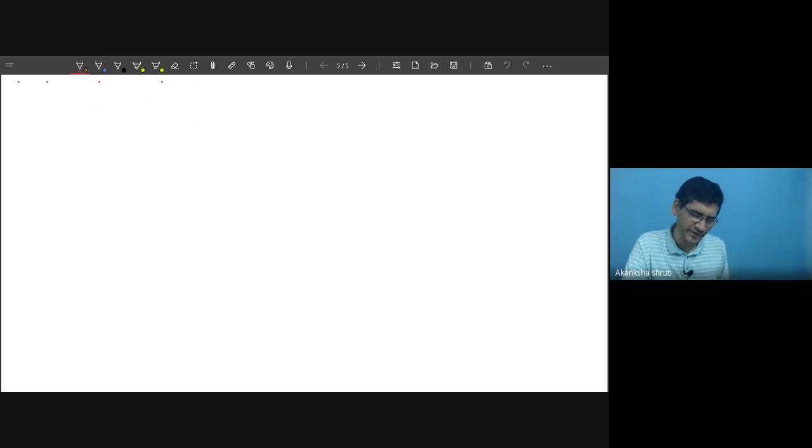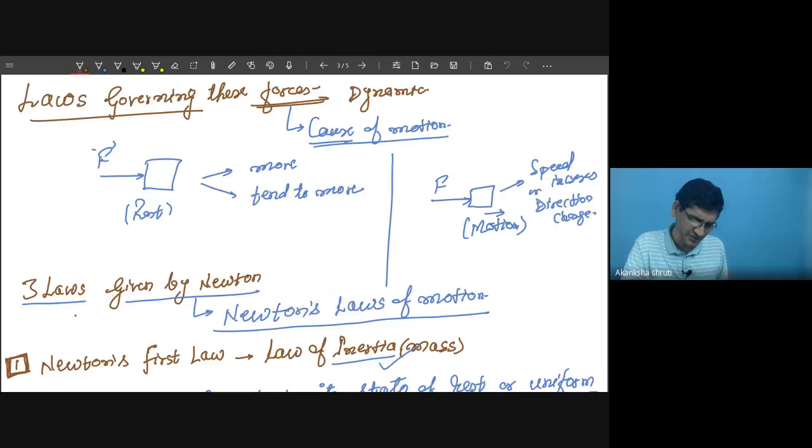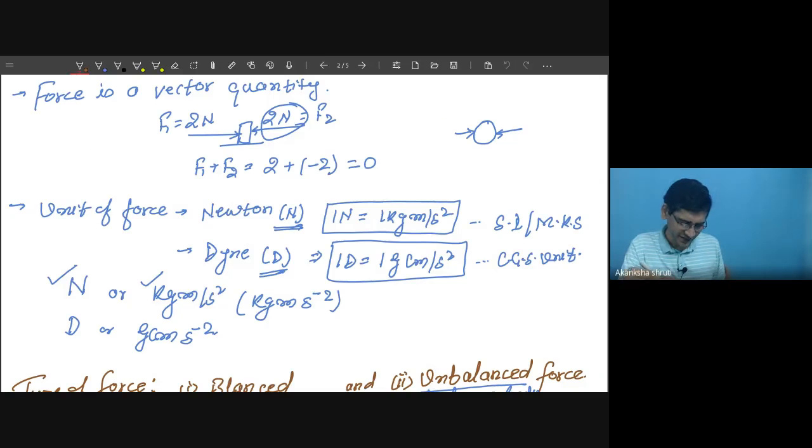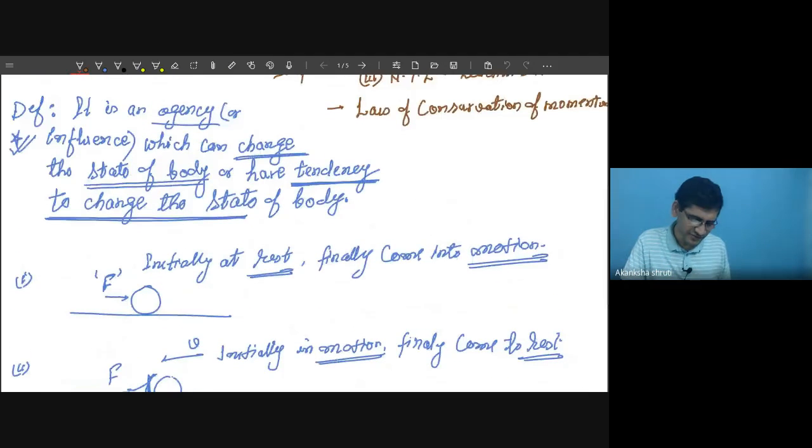Because if you observe it carefully, what was the definition of force that we have written? Even this definition of force was given by Newton himself. This definition also tells that force can change the state. Changing the state means inertia is either going to change or inertia is to be retained.